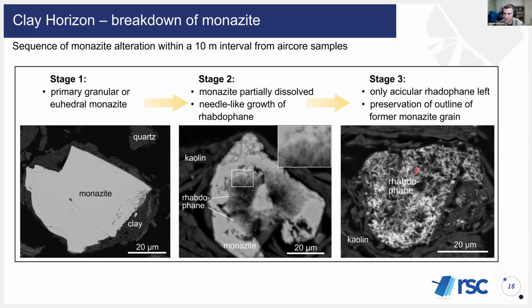And now you still have that needle, acicular-like growth that's left here. So that's all rhabdophane. Now the monazite is gone completely. But what you can also note is that there's a lot of porosity. So you could argue that maybe 20% of the rare earth have been trapped in situ, but then 80% of the rare earth would have moved into the regolith profile and eventually formed ionic mineralization.